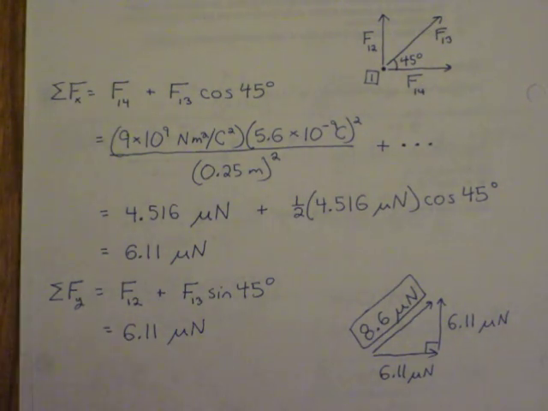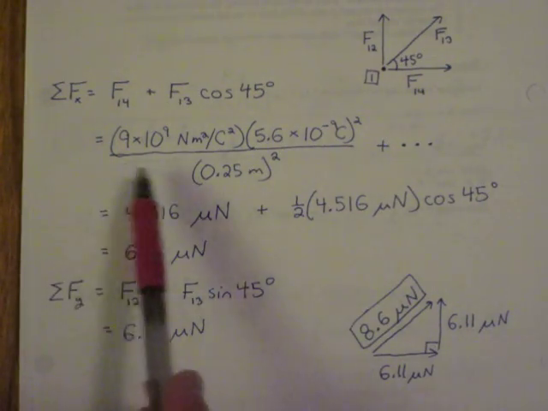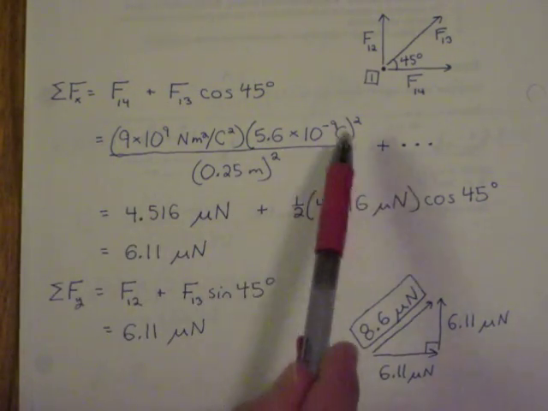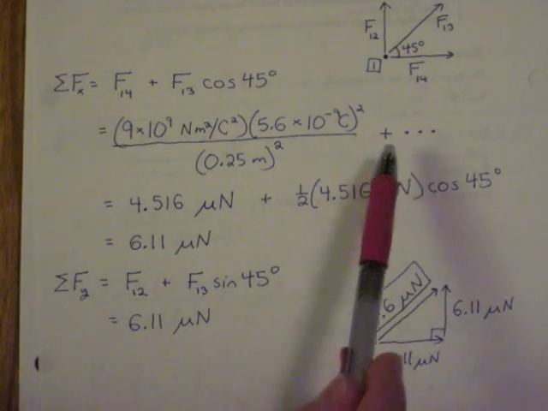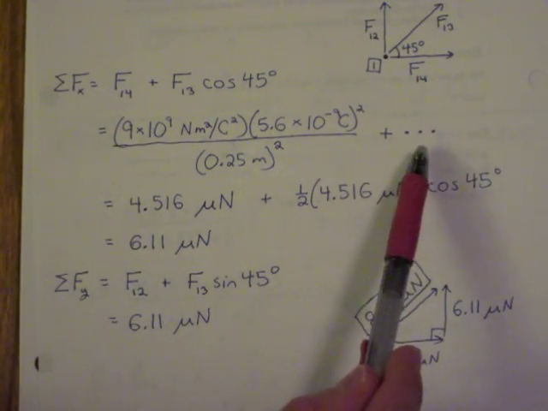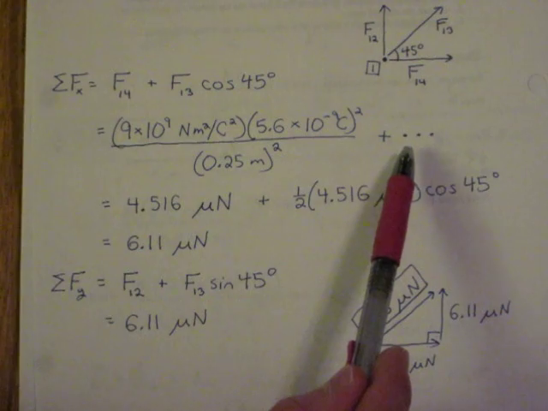What I've done, to save ink, is show this part as the force F14, and what I left off was the second part, F13 times cosine 45.